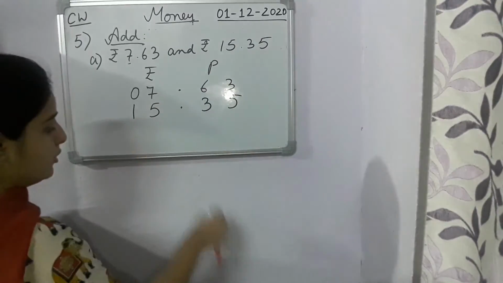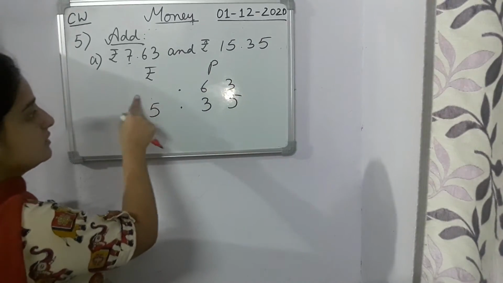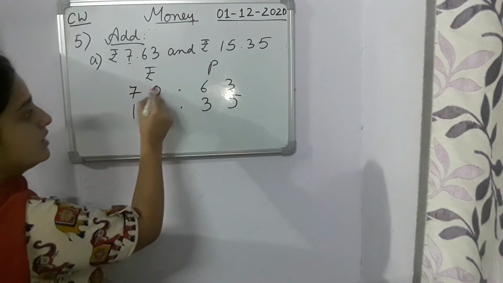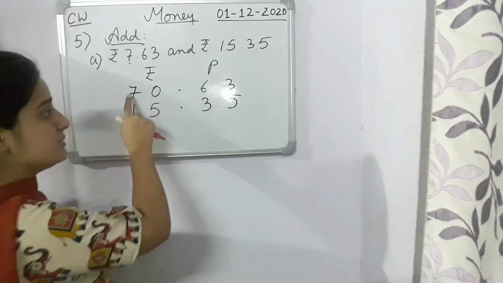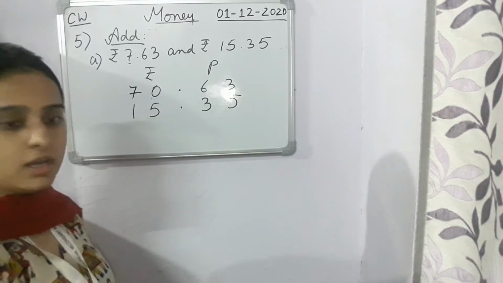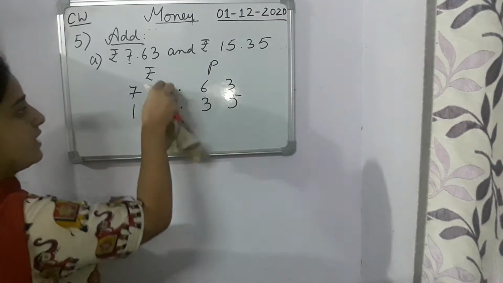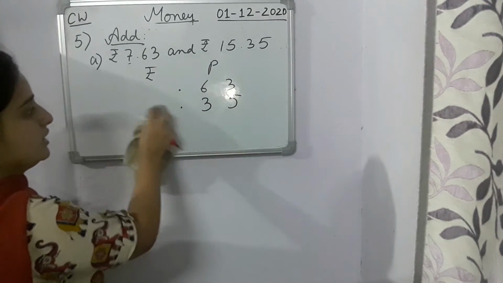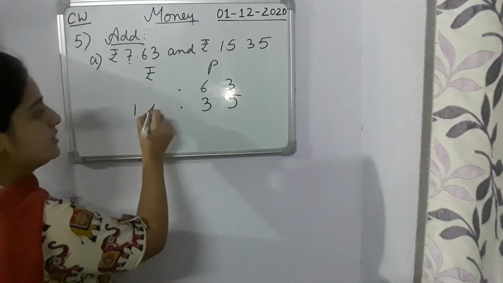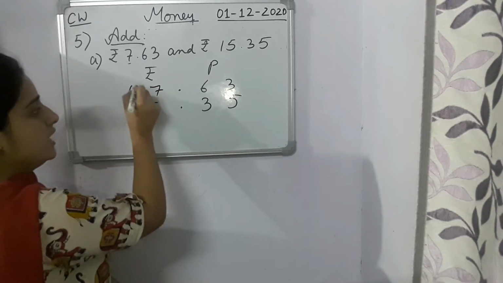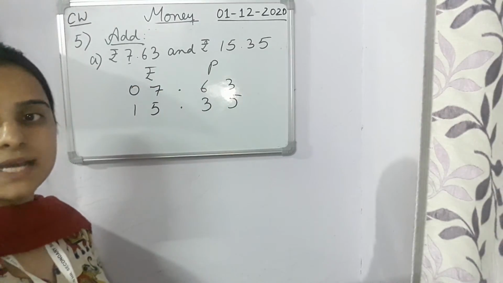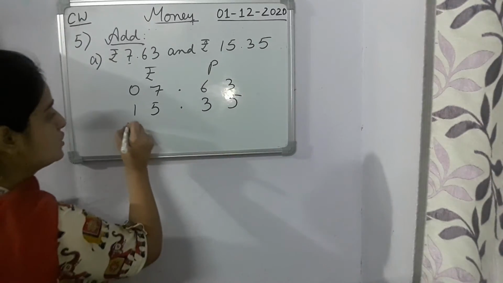Now children, if you put by mistake, you may do that. This is wrong. If you put 7 and 0, this will become 70. This is completely wrong. But if you put 0 before 7, the value will remain same, that is 7. So let's do it.